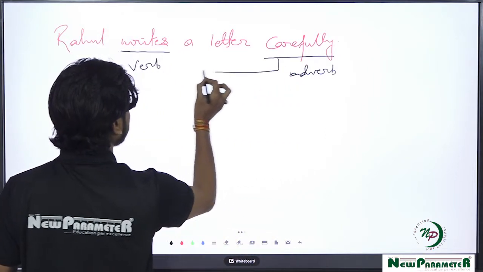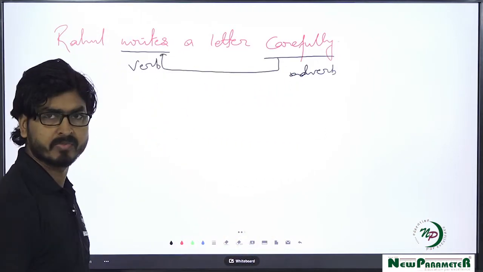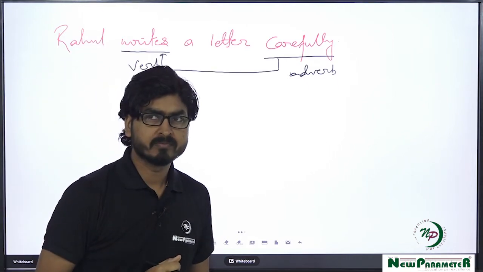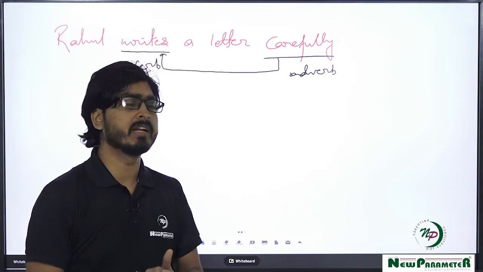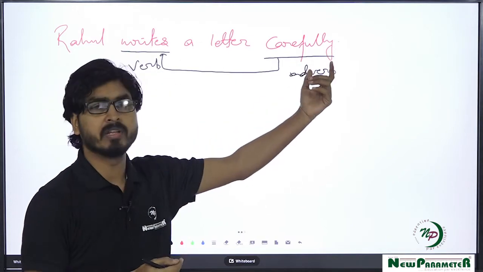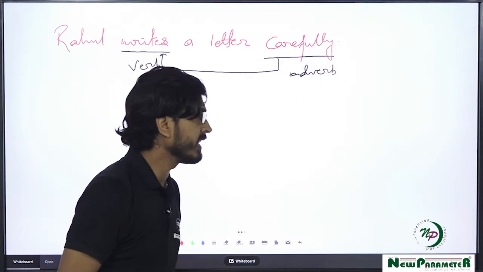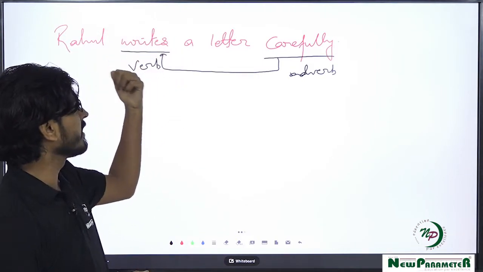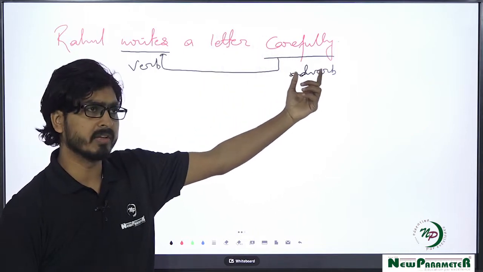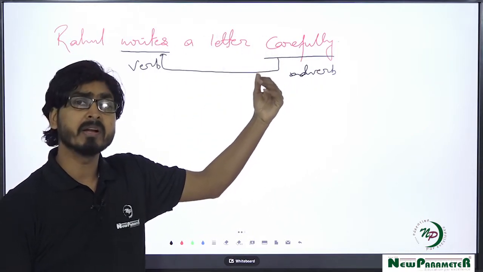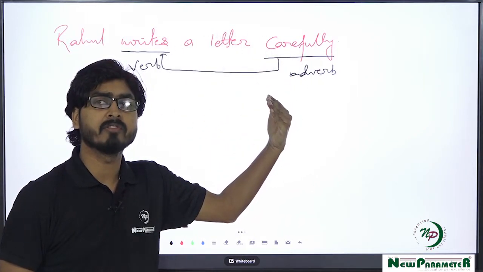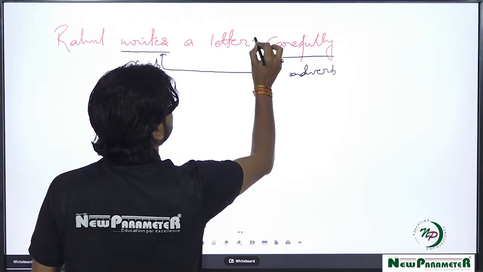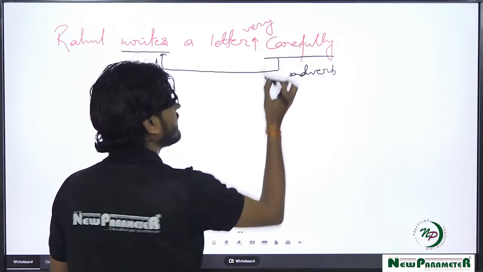Basically, it is being used here to modify this verb. But we don't know to which extent he writes carefully. We have added something about the way he writes: carefully. But to which extent he writes carefully, I must write here, very carefully.